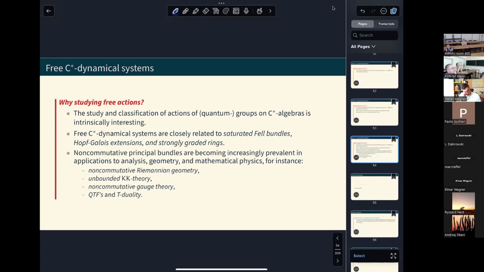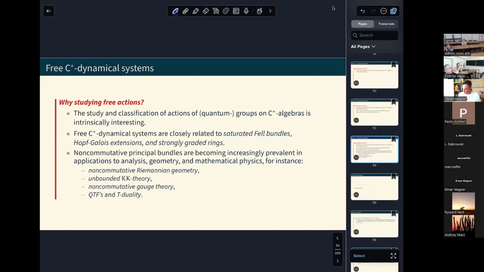And then you have plenty of applications to analysis, geometry and physics, for example non-commutative Riemannian geometry. But these non-commutative principal bundles are also interesting for KK-theory, of course, for non-commutative gauge theory and quantum field theories, and T-duality, which is a symmetry in string theory.